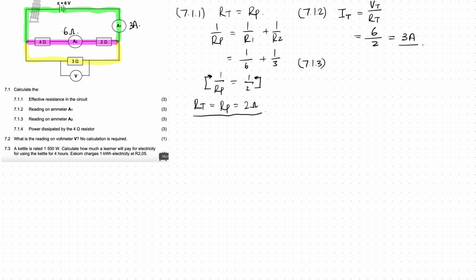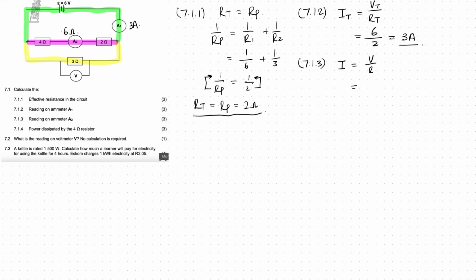7.1.3. Calculate the reading on ammeter A2. Now A2 is reading the current in that purple branch. Now there's actually a few ways we could do it. And one of the ways is if we think about how we can calculate current. So the current is going to equal V over R. Now, what is the voltage for that purple branch?